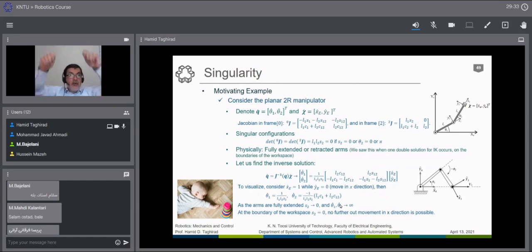If the curtain is up against the wall, we are very similar to the singular point: fully extended or fully retracted. But if you work with your hand inside your workspace, this is not a big problem. Working at the singular configuration is difficult to reach.